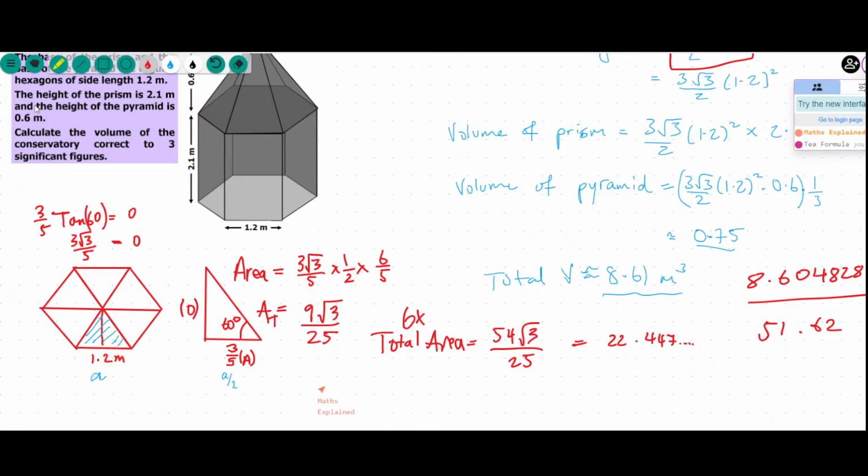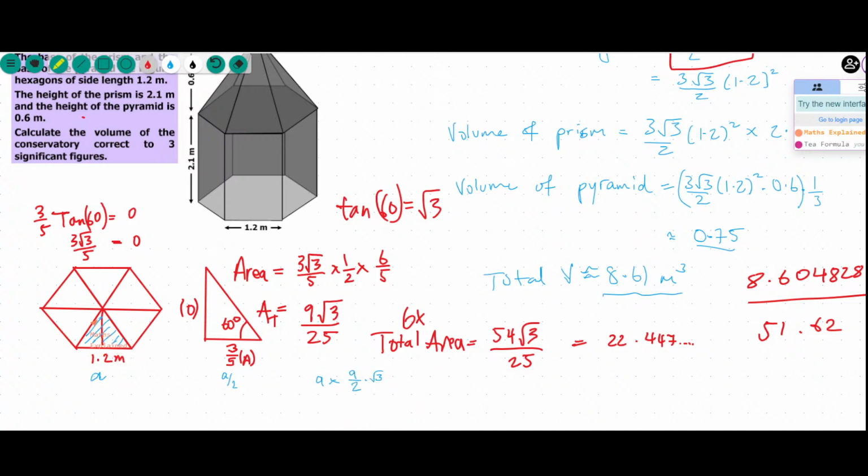A over 2 is always going to be... But 1060 is an exact value. A. It's always going to be A times the height, which would be A on to root 3. Yeah.